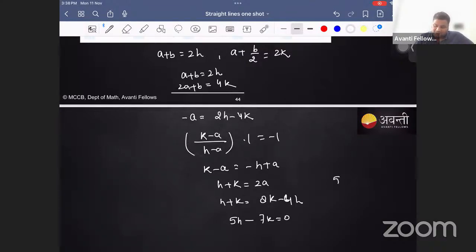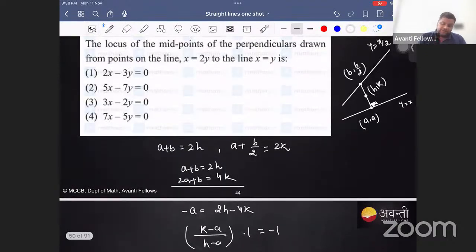So locus is 5x minus 7y equals 0. This will be your answer.